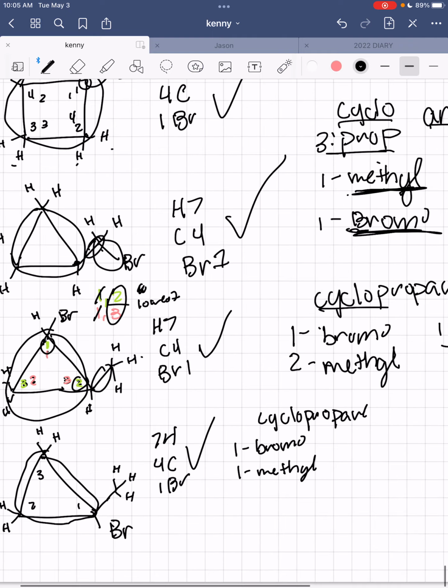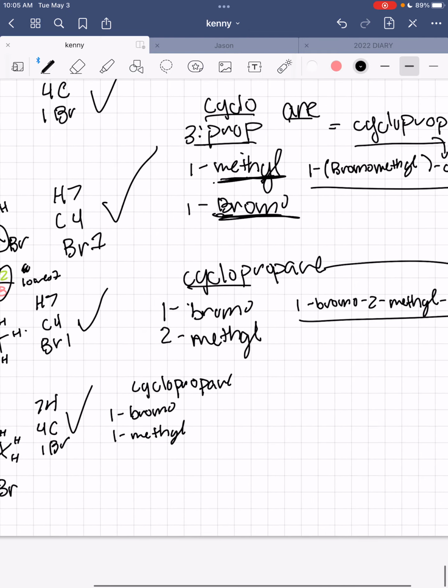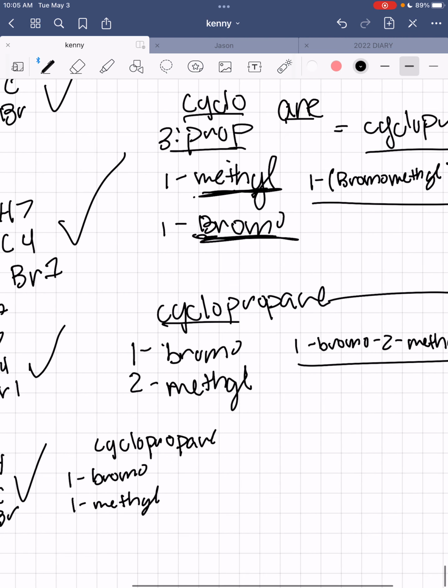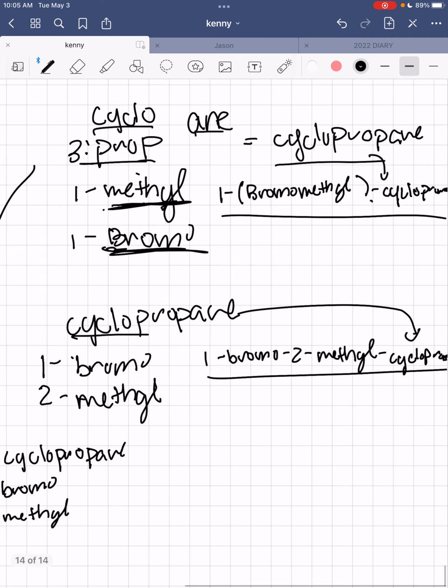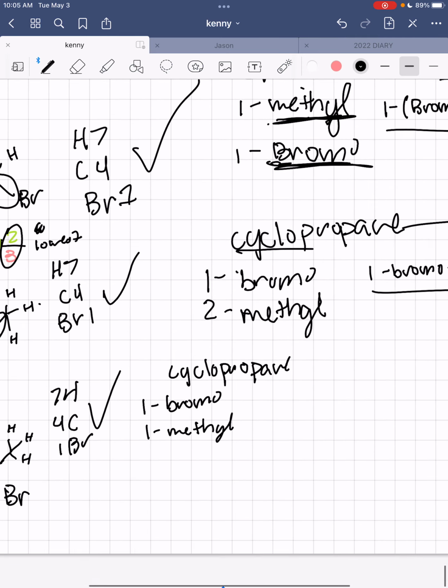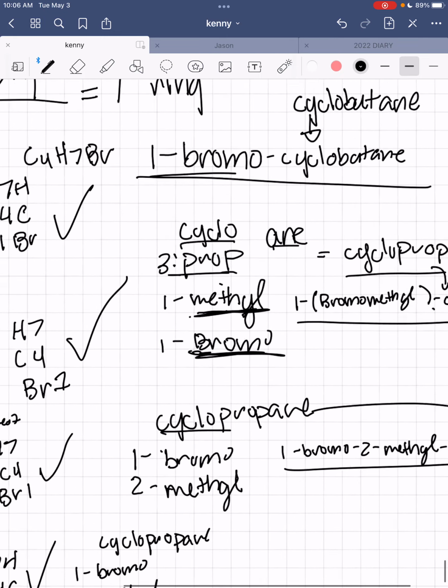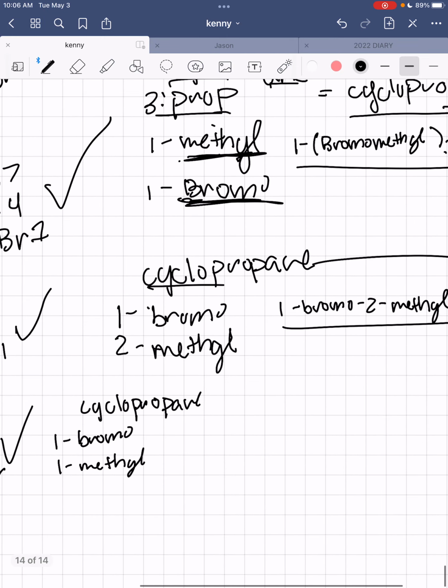So this is why I messed up earlier. So this is why it's important to have the parentheses in order to signal that this is a substituent inside a substituent, because if I were to not, it would look very similar and it can get confusing. And then you might be confused which one goes first, the bromine or the methane.